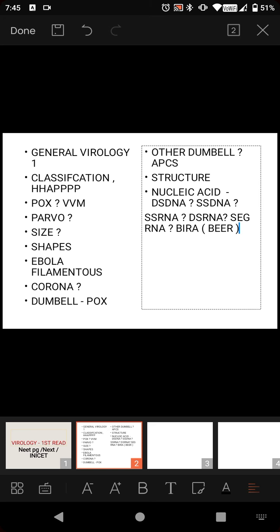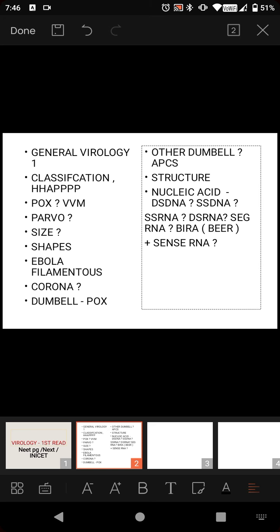When a negative sense RNA has to be converted into positive sense RNA and then protein synthesis occurs, that is negative sense RNA. So usually everything is positive sense RNA, except.